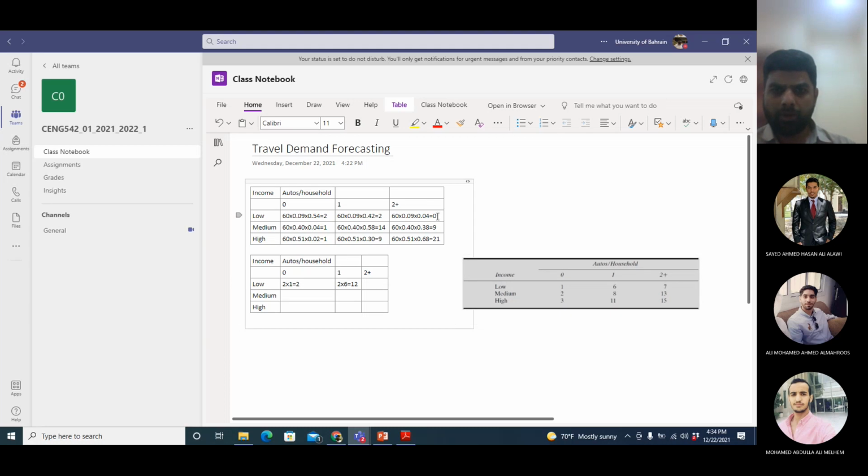This one you said 0.2. Let me keep 0.2 so I get some numbers. So 0.2 into 7. How much is this? 1.4. Then this category generates 2 trips per household, so 2 again. Then I have 14 households and 8 trips per household.